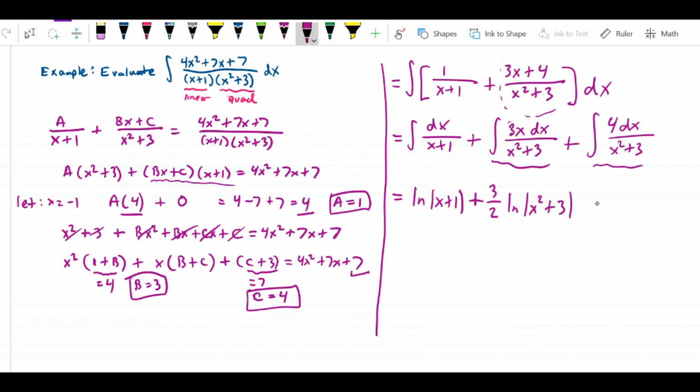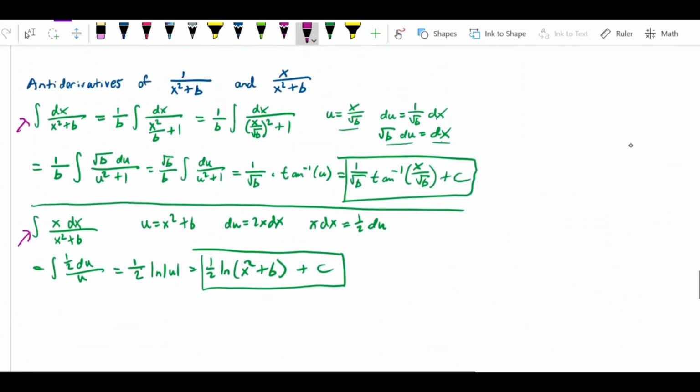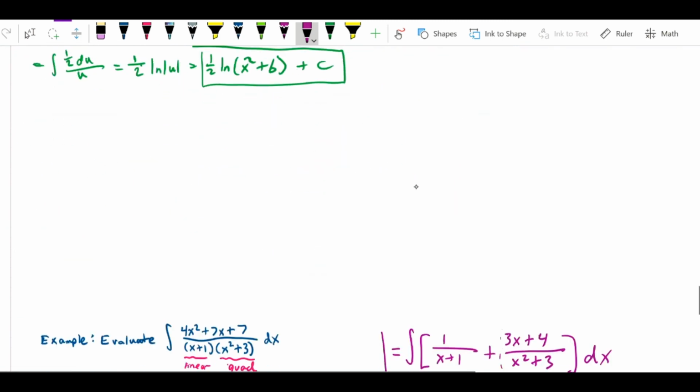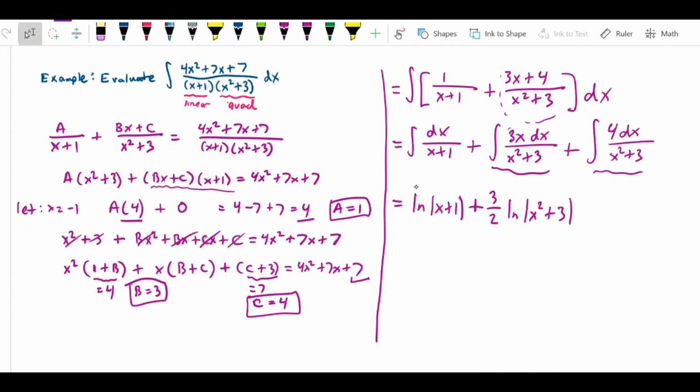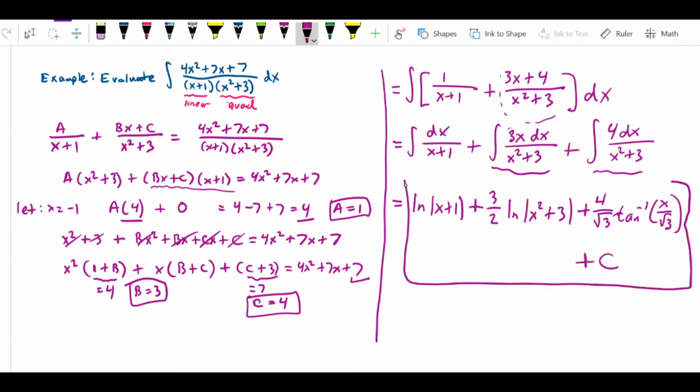And then finally here, the antiderivative of 1 over x squared plus 3 is going to be 1 over square root of 3 arctangent of x over square root of 3. So that gives us here, since we have a factor of 4, I can multiply that in. So that's going to be 4 over root 3 arctan of x over root 3. And then, of course, the hardest part of the problem is the plus C. And that's the antiderivative of that relatively everyday straightforward rational function.